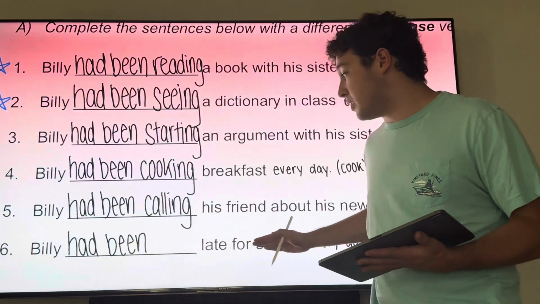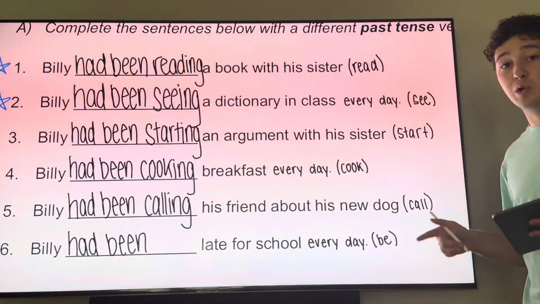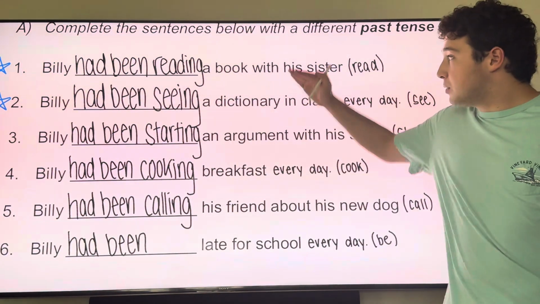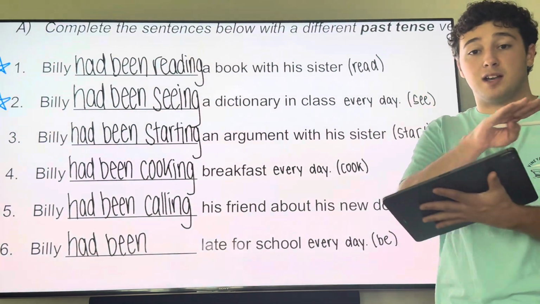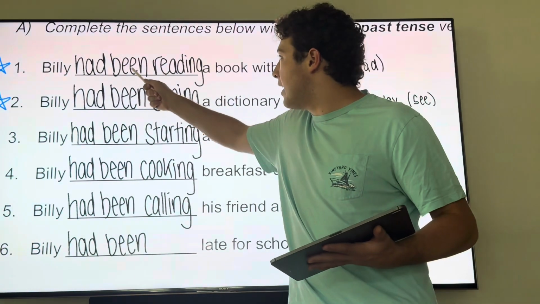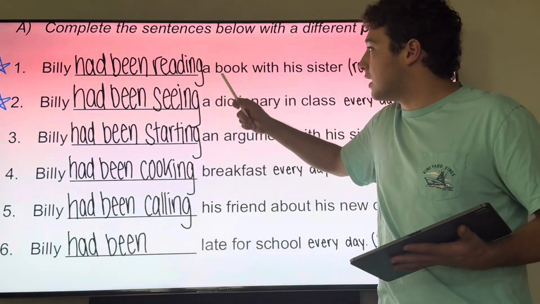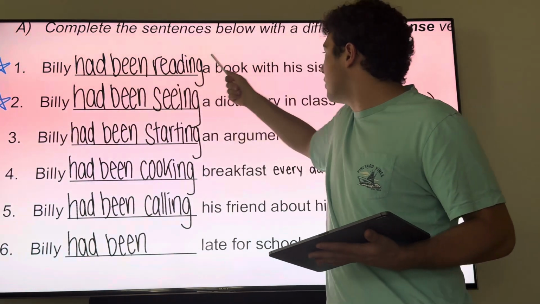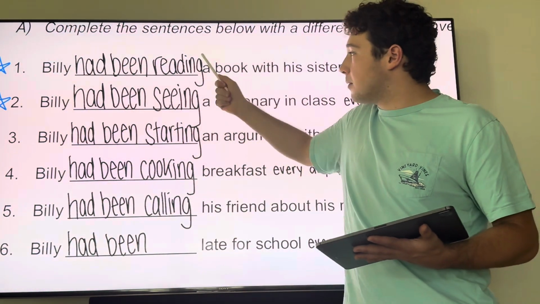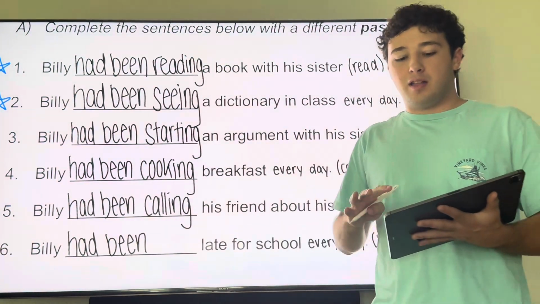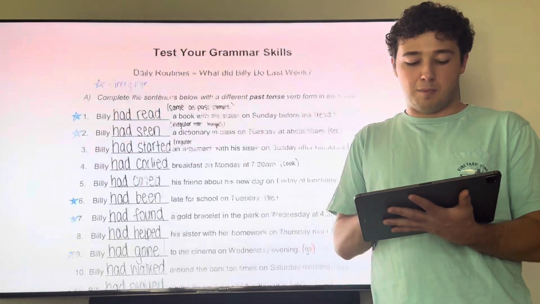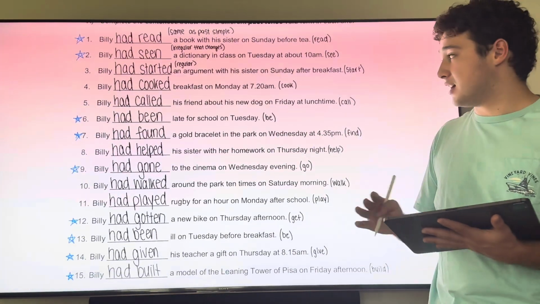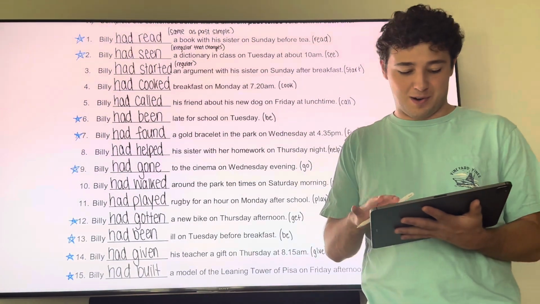So you just put Billy had been late for school every day. Please take a look at these. These ones are much easier to form because they're all the same. Had been, verb, ing. Had been, verb, ing. All of them. These ones are not too hard. The past perfect, on the other hand, those are a little harder.